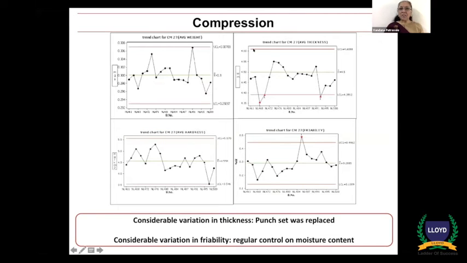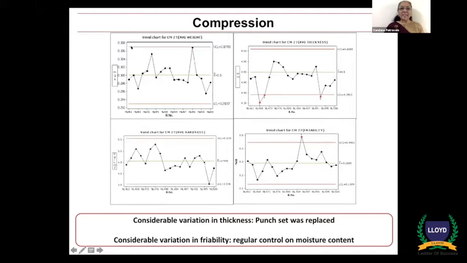Moving on to compression, what did they realize? You can see that this is the chart. Even if the slides are not very clear to you, you can see that it gives average weight, average thickness, average hardness, and friability. You can look at batch to batch non-uniformity.